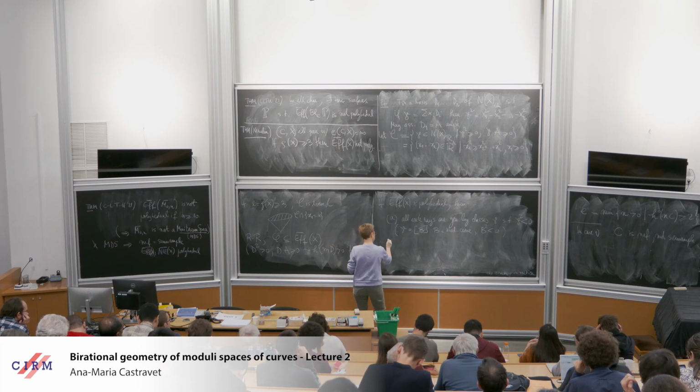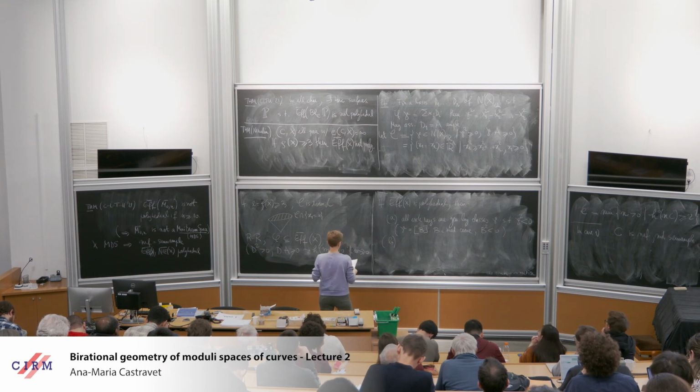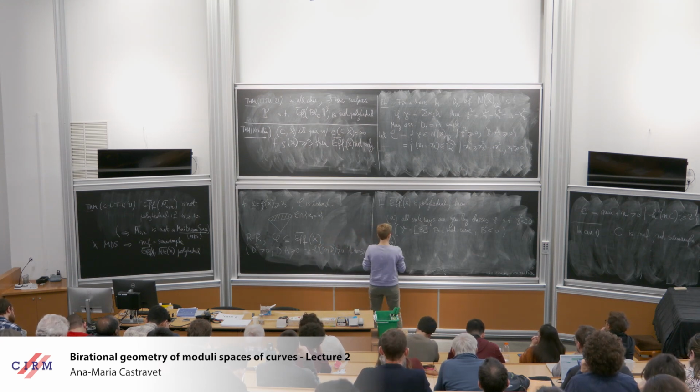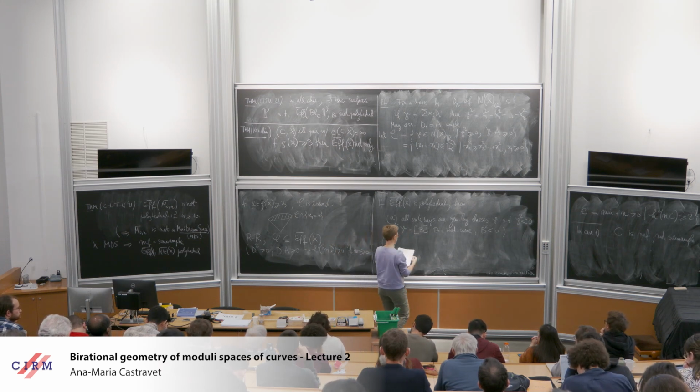So the second observation is our curve C is an elliptic curve class with self-intersection 0. I'm saying that such a class has to always be in the relative interior of a maximal face.